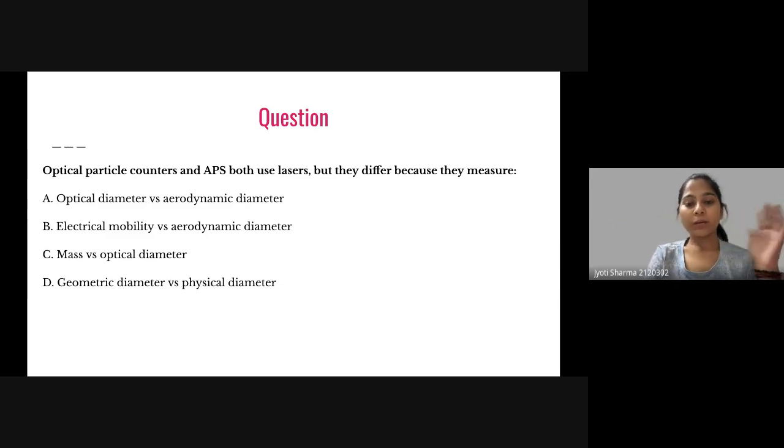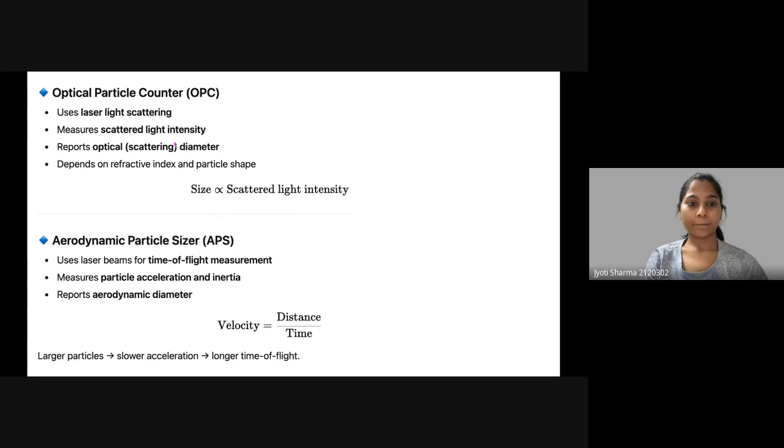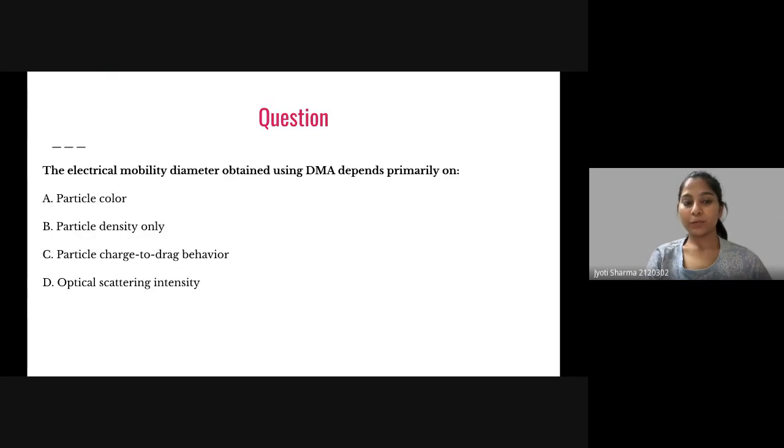So, no doubt we are using the laser, but the principle is different. In APS, the aerodynamic particle sizer, we were using the laser beam for time of flight measurement. But for optical particle counter, we were using the scattering. So the principle is very different.